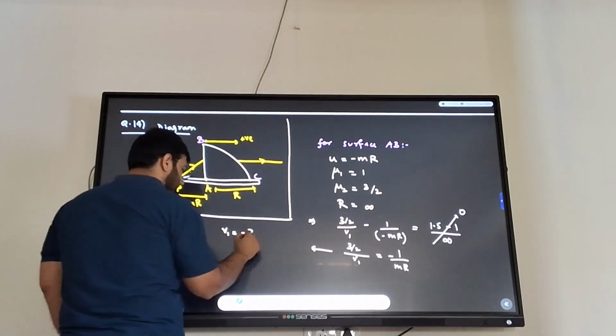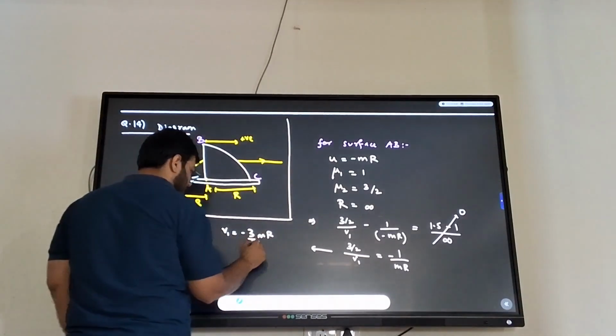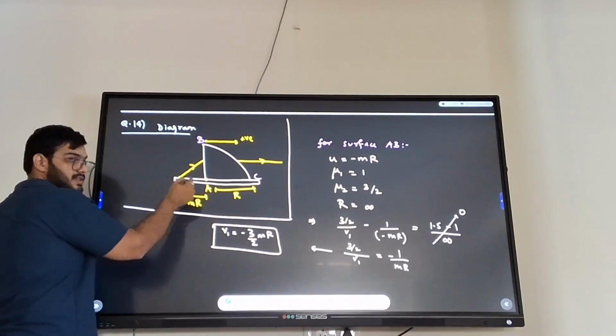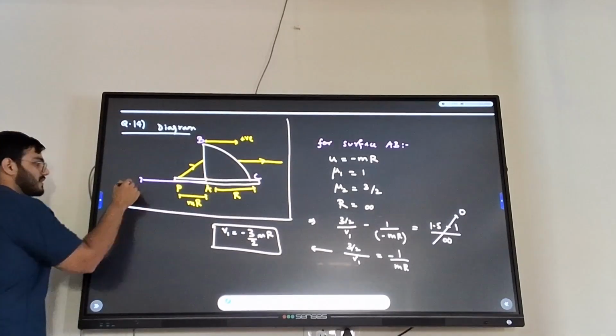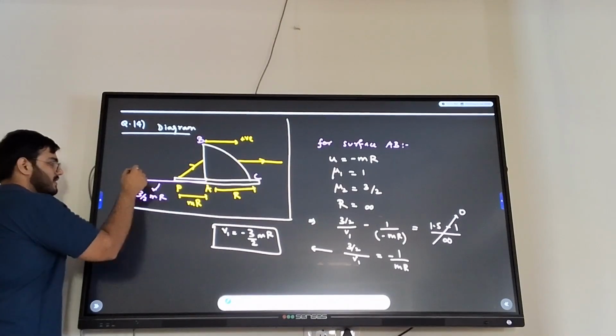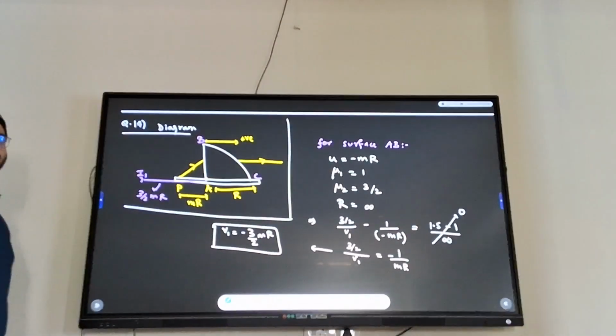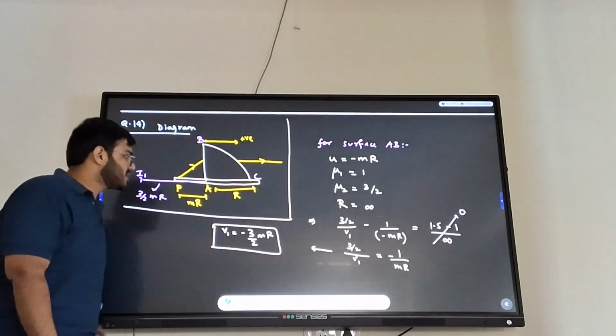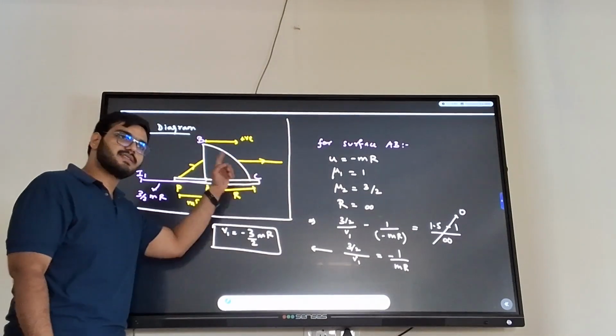V1 is equal to minus 3 by 2 mr. You understand why negative? Negative means it's a virtual thing and it will be somewhere here. No? 3 by 2 mr. Here I find my image I1. How will this image I1 act? That will act as an object for this surface now, the BC surface.